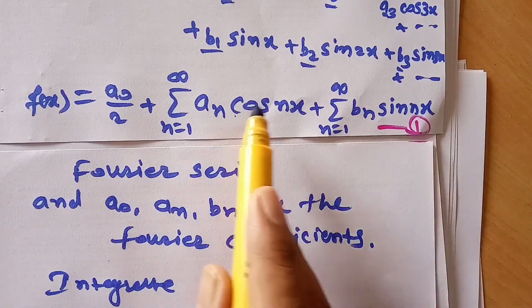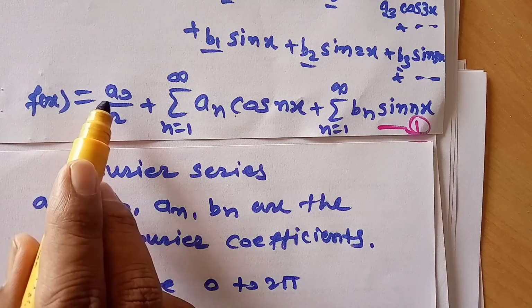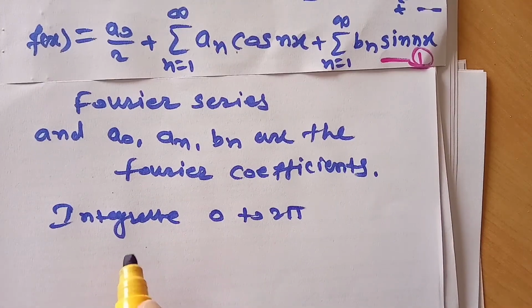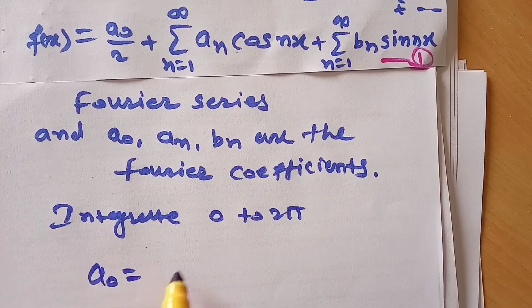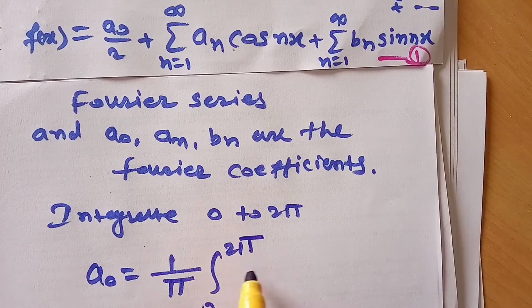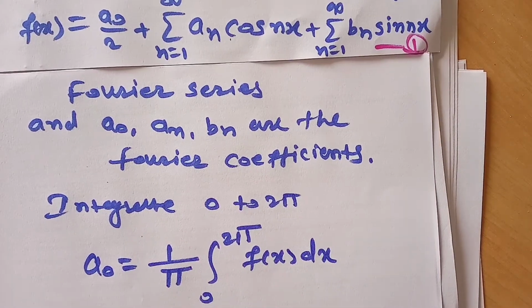That means we are getting the integration as 0. Only the a0 term is there, and then we will get the first coefficient. When we integrate 0 to 2 pi, we get a0 is equal to 1 divided by pi, integration 0 to 2 pi of f of x into dx. This is your first Fourier coefficient.